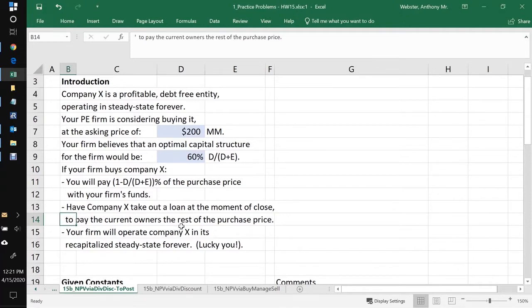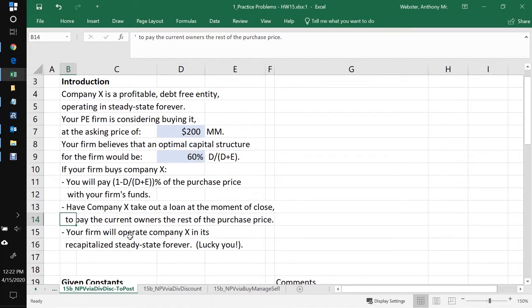So how do we pay the prior owners? We're going to come up with 40% of the 200 million, throw it in a wheelbarrow. We're going to have the company take out this loan for 60% of 200 million, otherwise known as 120 million, throw that in the wheelbarrow, and then we take the wheelbarrow to the existing owners of the firm. We give them the wheelbarrow full of money, which will be 200 million, and they give us 100% of the shares.